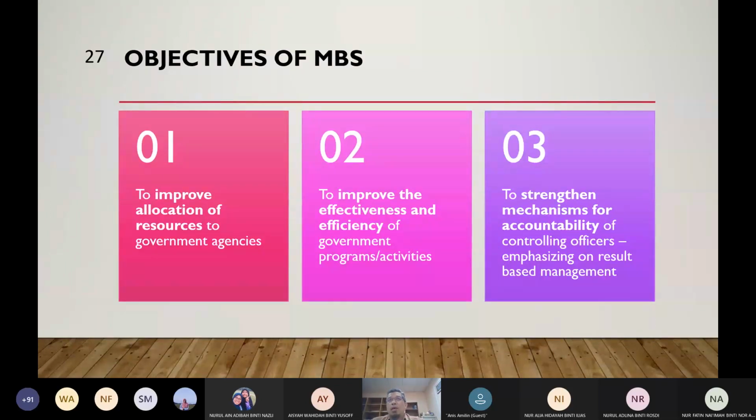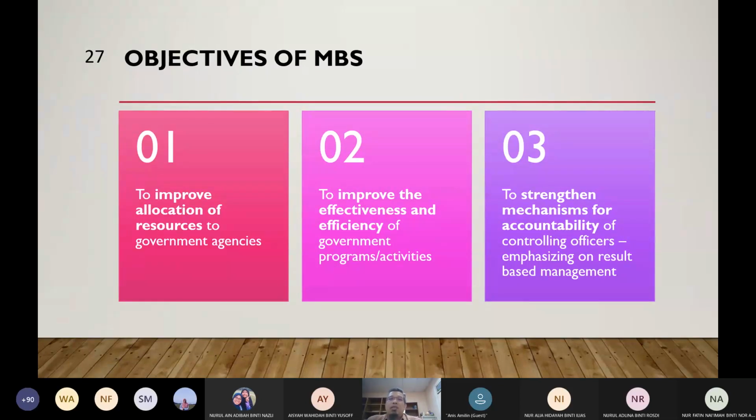Another way to look at it is that this reflects a change of practice in the government agency, where previously the performance criteria for government agencies was basically financial performance. What does financial performance mean? It is utilizing all the budget, because budget utilization reflects the quality of planning.